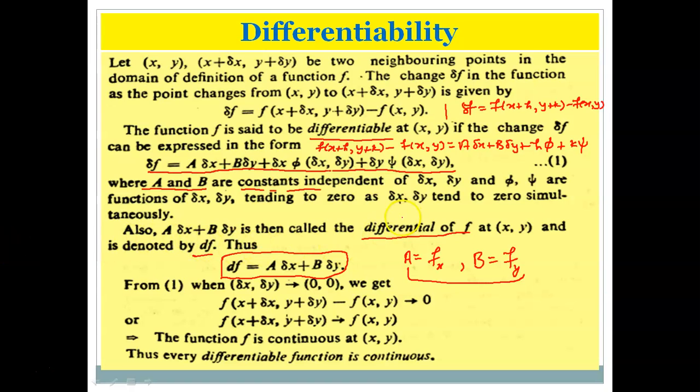So a means f_x and b means f_y, the partial derivative of f with respect to y. If this type of condition is satisfied here, then we say that the function f is differentiable. From the equation you can also see that when delta x and delta y tend to 0, the last part goes to 0, and the function f is continuous at point (x, y).